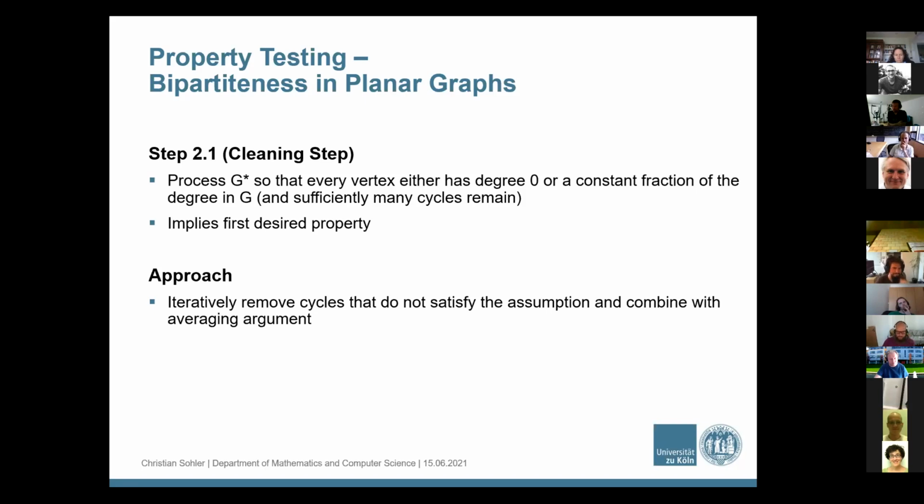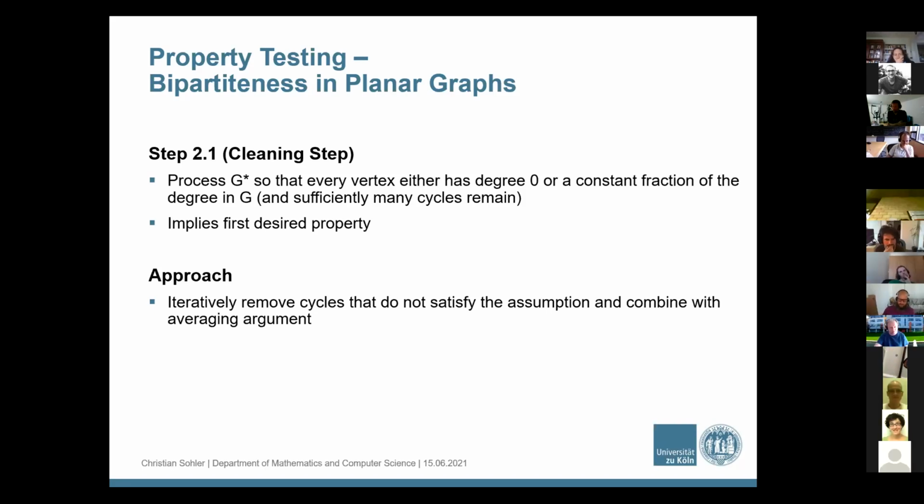So the probabilities of choosing the same edge only differ by some constant. And so this implies the first property. And it's not very hard to show that one can process G star in such a way by just iteratively removing cycles that do not satisfy our assumption, and then just combine this with a certain averaging argument.